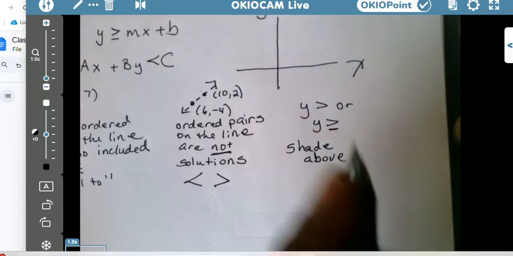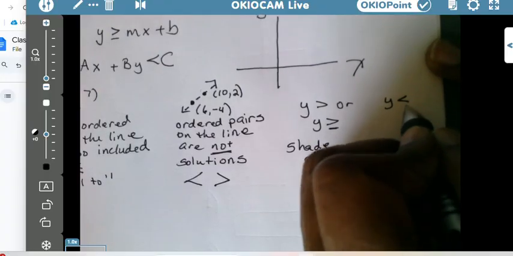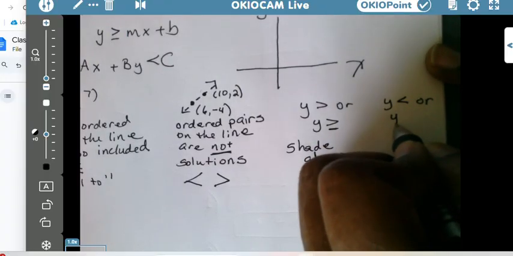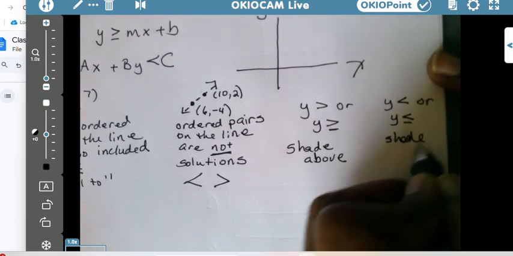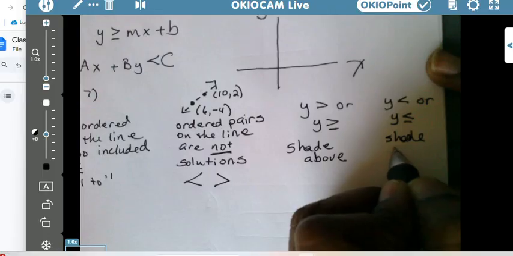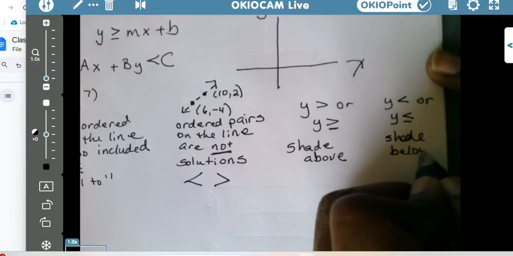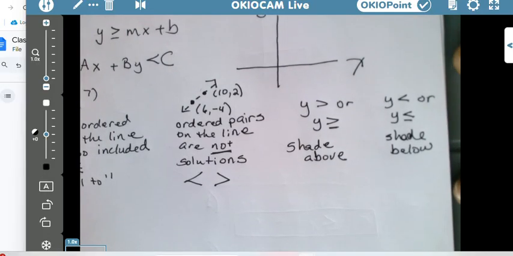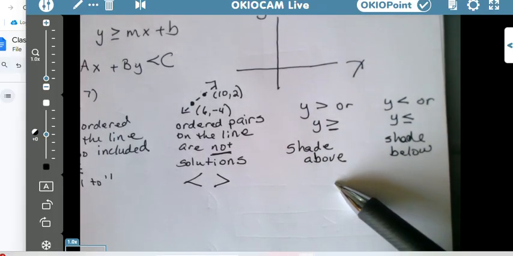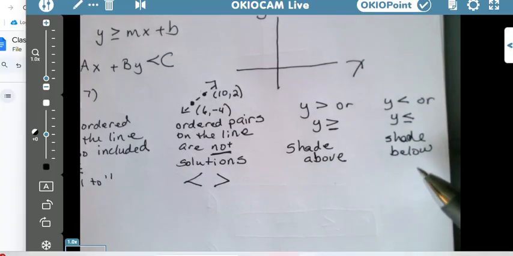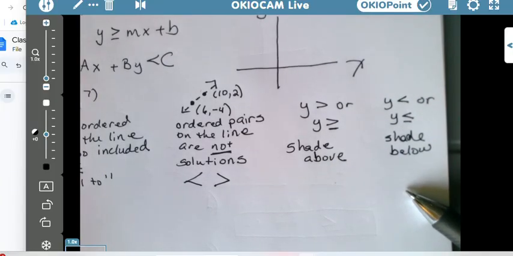If y is less than, or y is less than or equal to, then we're going to shade below the line. Did I say that wrong? Let me say that again. If y is greater than or greater than or equal to, you shade above. If y is less than or equal to, you shade below.